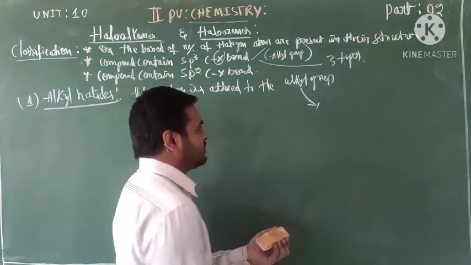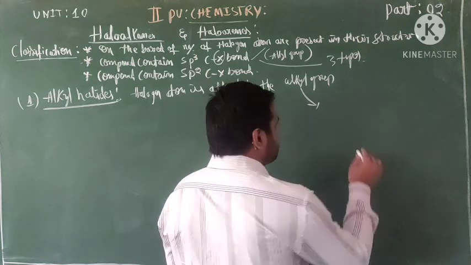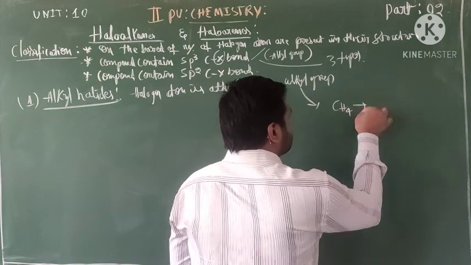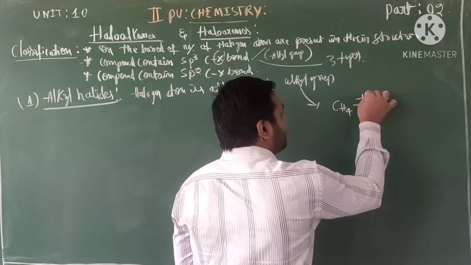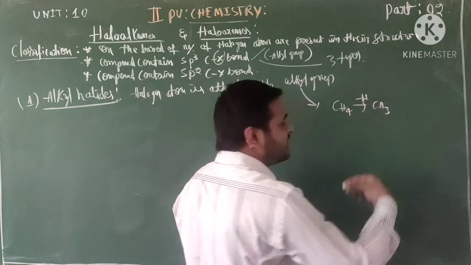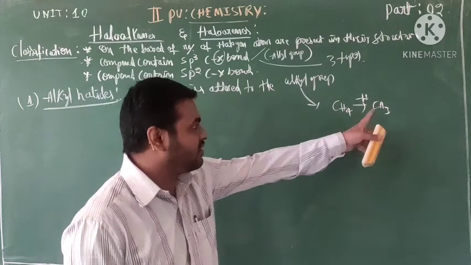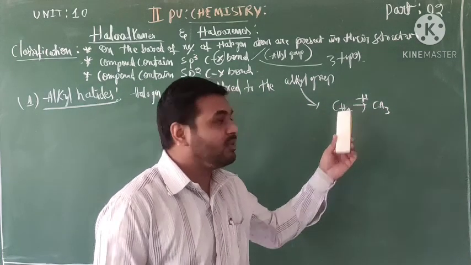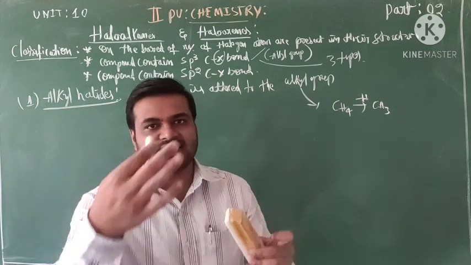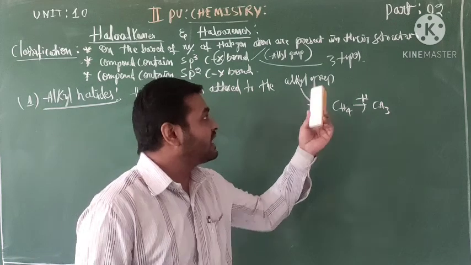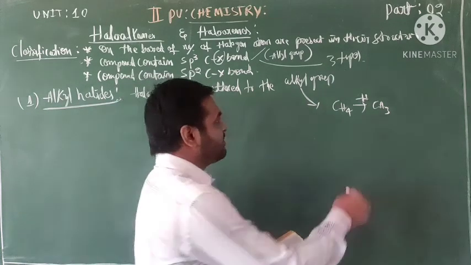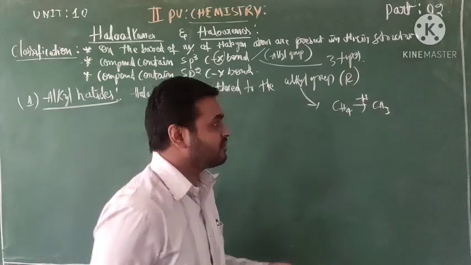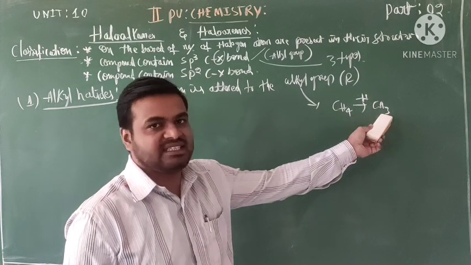Take examples such as methane, ethane, propane: if one H is lost from methane, forming CH3, or from ethane, propane, butane, and so on, one hydrogen is lost, we call it an alkyl group. It is represented by R.